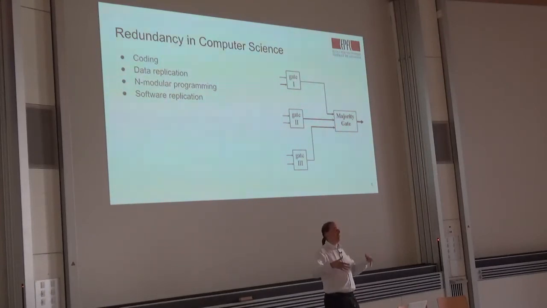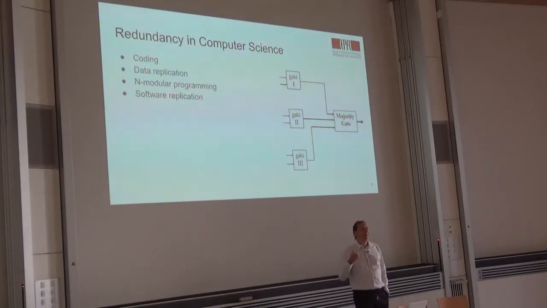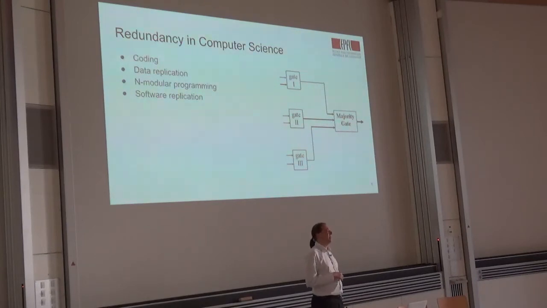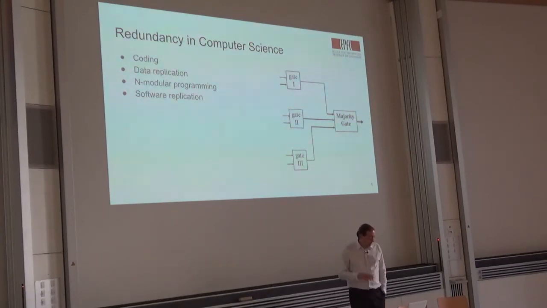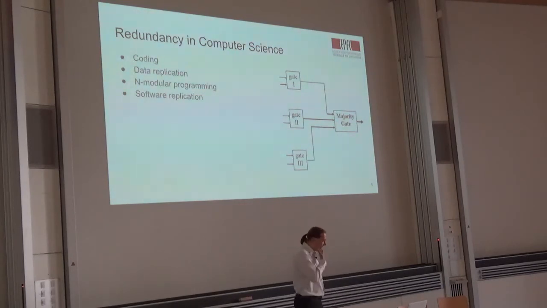You encode them in such a way that you add more bits, but any small number of those bits can be flipped or corrupted, and depending on what coding technique you use, you get a guarantee that you can at least detect that something has gone wrong, and sometimes you can even correct the bit flips for some number of bit flips. So information coding is one very basic, common way to achieve redundancy, especially in transmissions.